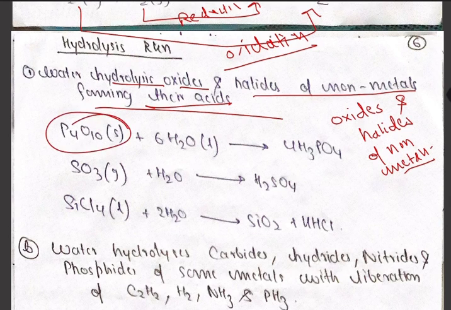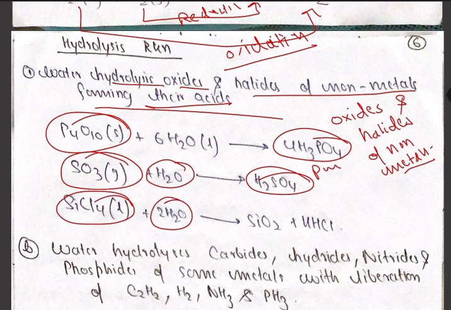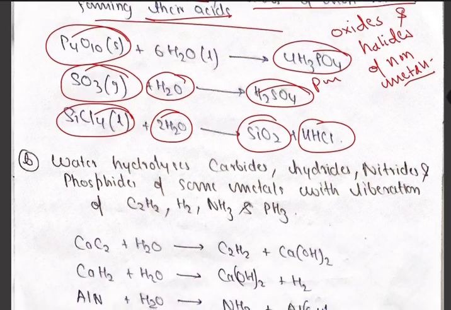Here we can see the oxide of phosphorus, P4O10, undergoes reaction with water and forms phosphoric acid. Here is sulfur trioxide, which reacts with water and forms its acid, sulfuric acid. Silicon tetrachloride reacts with water and forms SiO2 plus HCl.